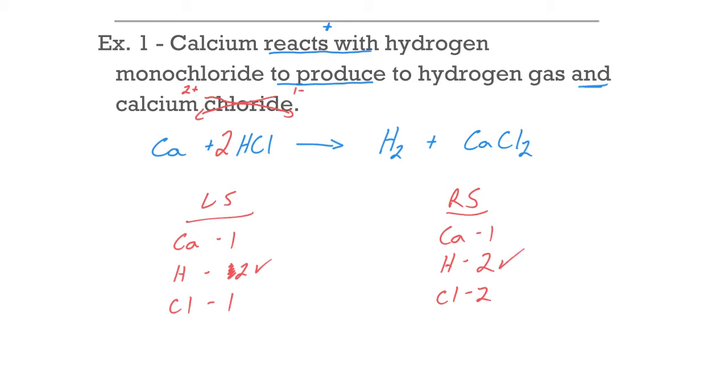By adding that coefficient of 2, we can see that we now have 2 Cls. And that balances what we have on the right-hand side. I have 2 Cls there as well. So I have 2 there, and again, that's balanced. My calciums were balanced to begin with. So this, as we've drawn right here, is a full balanced chemical reaction.